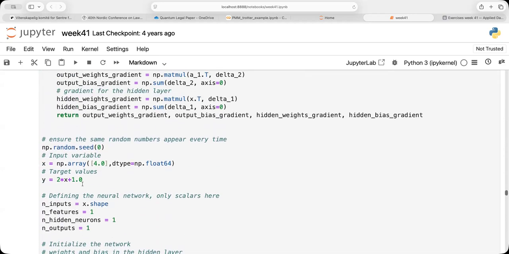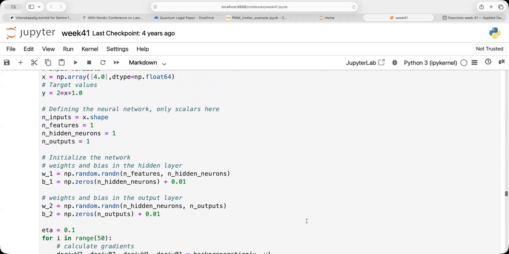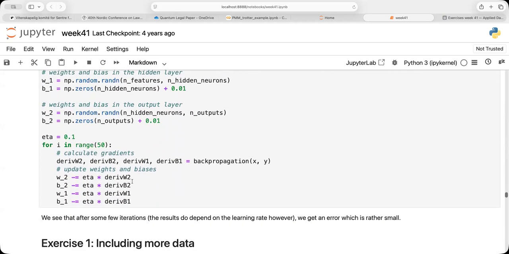So this function, the back propagation, which I call it here, sets up the gradients. And you can see here, it returns the gradients of the weights, the bias, hidden weights, and hidden bias. So this is my output layer, which you see here named output, and then the hidden one. And my training is here. And you see I put up my learning rate, eta equals 0.1.